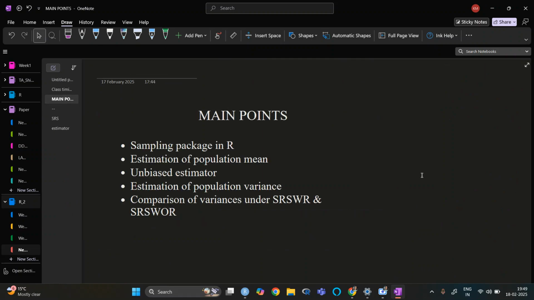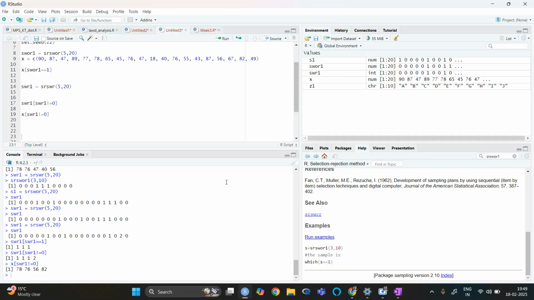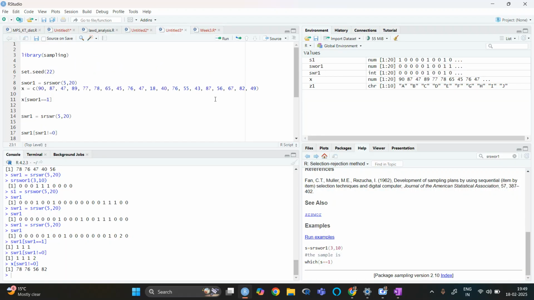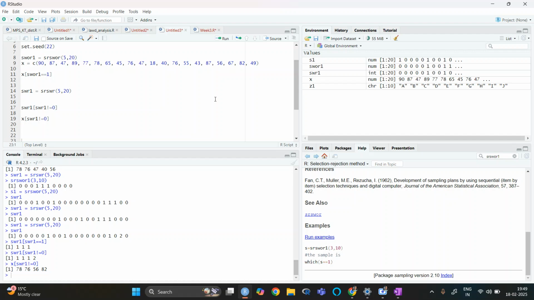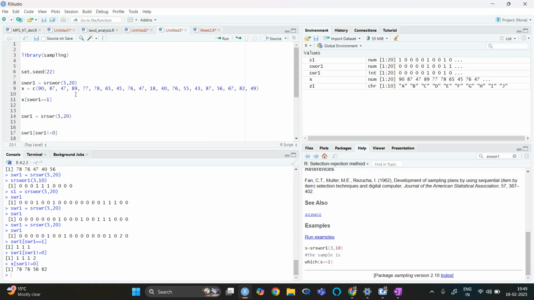Okay, in brief, I'm just going to repeat it in 5 minutes. Firstly, we have gone through the sampling package, and we have seen that we need the library for that. Also, if we introduce set.seed and then use any number inside it, it doesn't really matter. If we do that, then the sample that comes one time will come again and again.